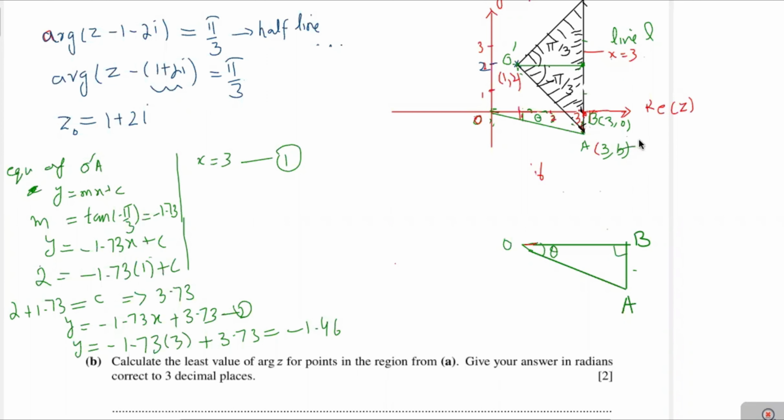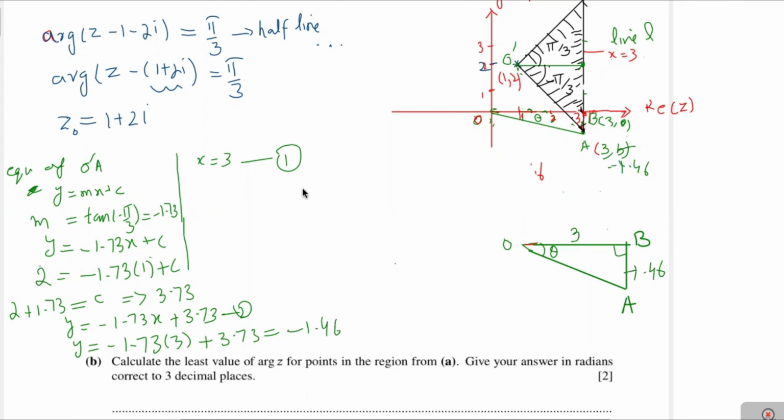Therefore the y coordinate of B is 0 and the y coordinate of A is minus 1.46, so this length is minus 1.46. Now OB length, you see here, this OB length will be equal to 3, from (0, 0) to (3, 0), the length will be 3.